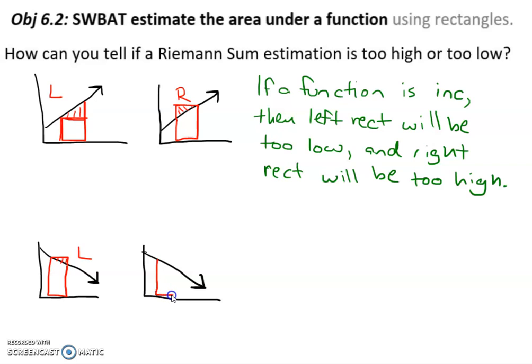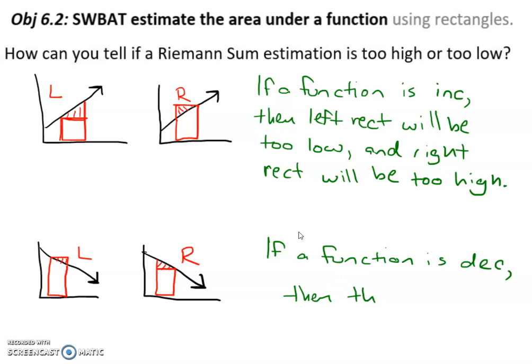And then drawing in that same rectangle on the right, it's missing this little area. So the right is a little too short. So last thing we're going to write, if a function is decreasing, then this is reversed.